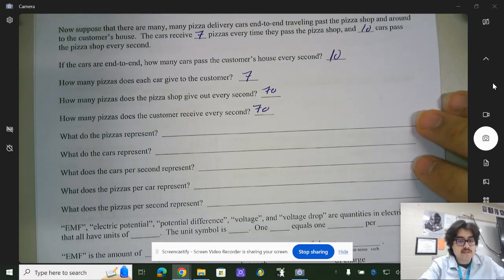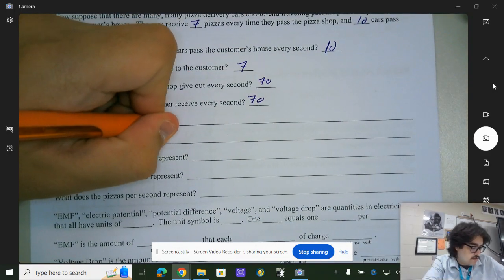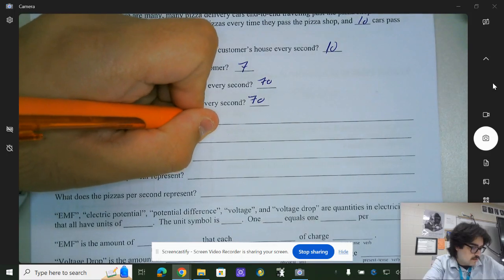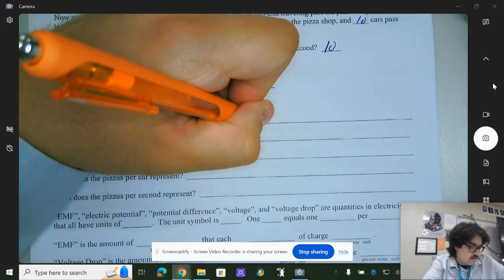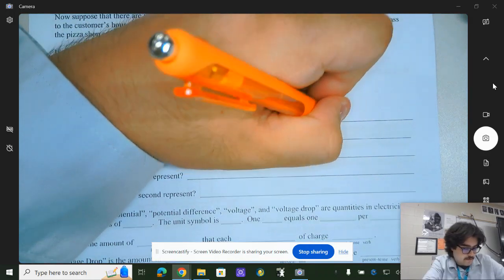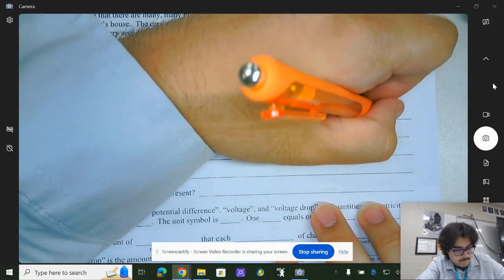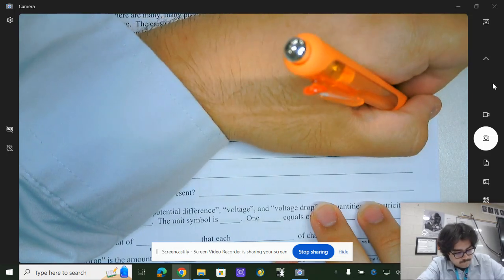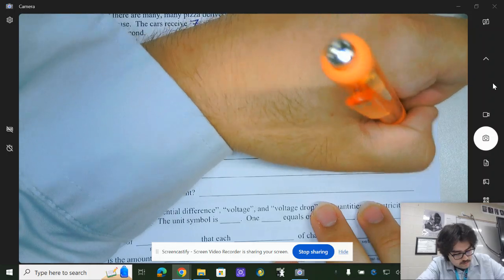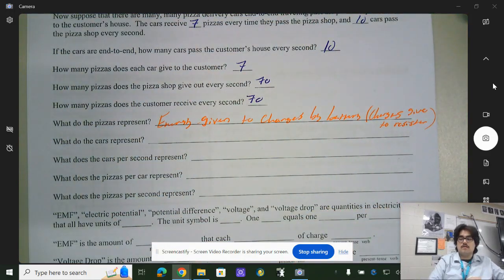The pizzas in this analogy represent the energy given to the charges. The cars are the charges, the pizzas are the energy. Energy is given to charges by the battery, and charges give it to the resistor.